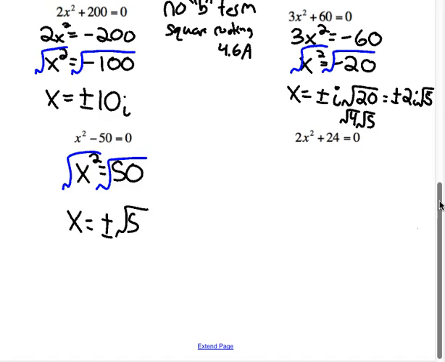This one's different, okay? So don't just assume everything has an i now, because when you're square rooting a positive, you don't need it. You can just leave it as is. And then of course, that 50 can split up into 25 and 2, giving me my final answer of plus or minus 5 square roots of 2.